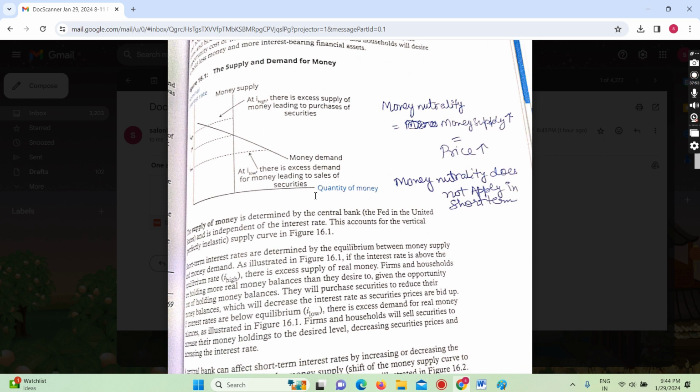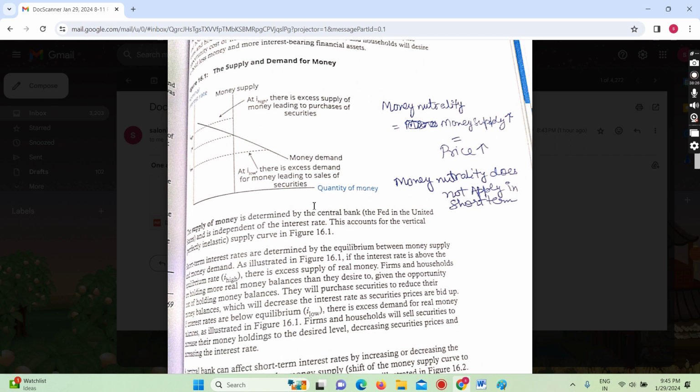The supply of money is determined by the central bank, the Fed in the United States, and is independent of the interest rate. This accounts for the vertical, perfectly inelastic supply curve. Short-term interest rates are determined by the equilibrium between the money supply and money demand. If the interest rate is above the equilibrium rate, there is high excess supply of real money. Firms and households are holding more real money balance than they desire given the opportunity cost of holding money balance.